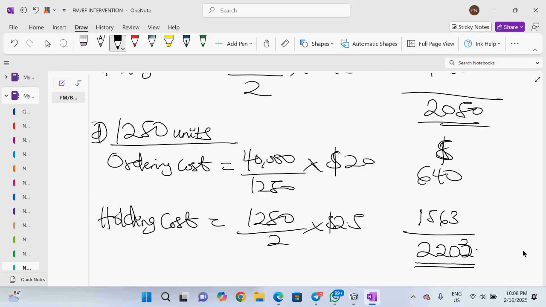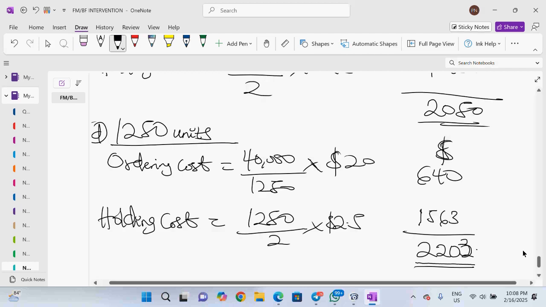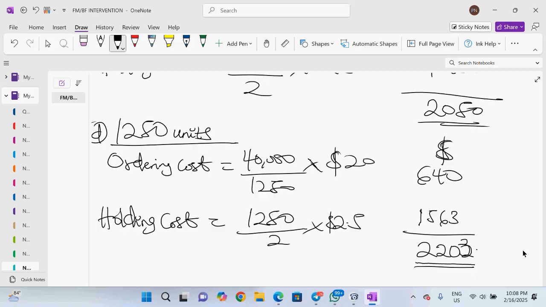The holding cost is 1,250 divided by 2 times 2.5. Oh, okay.